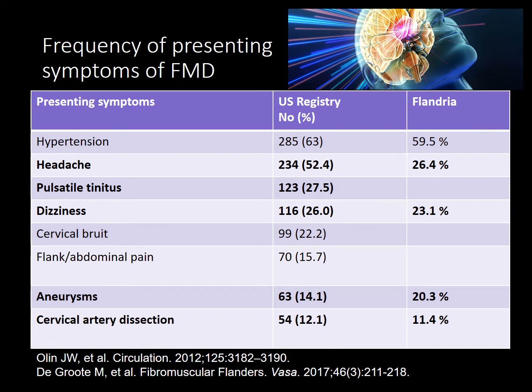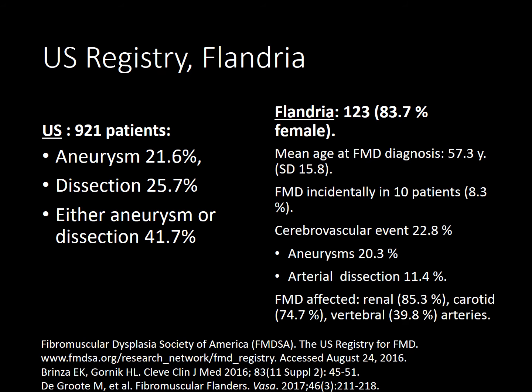If we look at the US registry and the Flandria registry, you see that headache was quite frequent despite good control of hypertension. Pulsatile tinnitus and dizziness were found in 1/4 of the patients. Aneurysm was present in about 40% of patients, and in Flandria up to 20% of patients, and dissection in about 12% of patients.